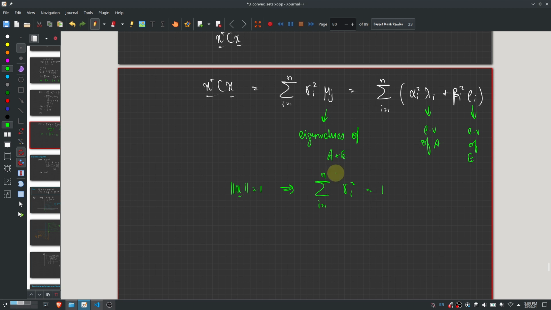Correct? So in other words, the gamma i squares are all non-negative, no matter what the gamma i's are, and they sum to 1. So this is basically just a convex combination of the mu j's.